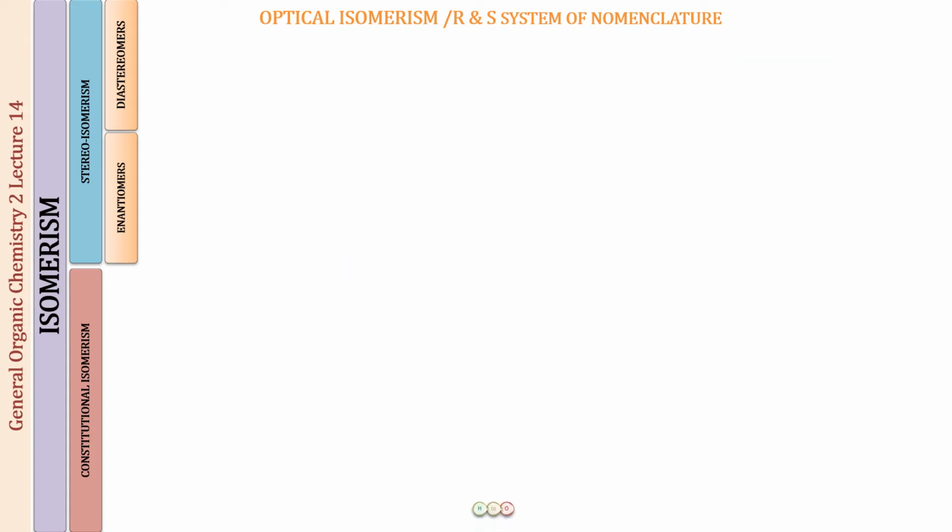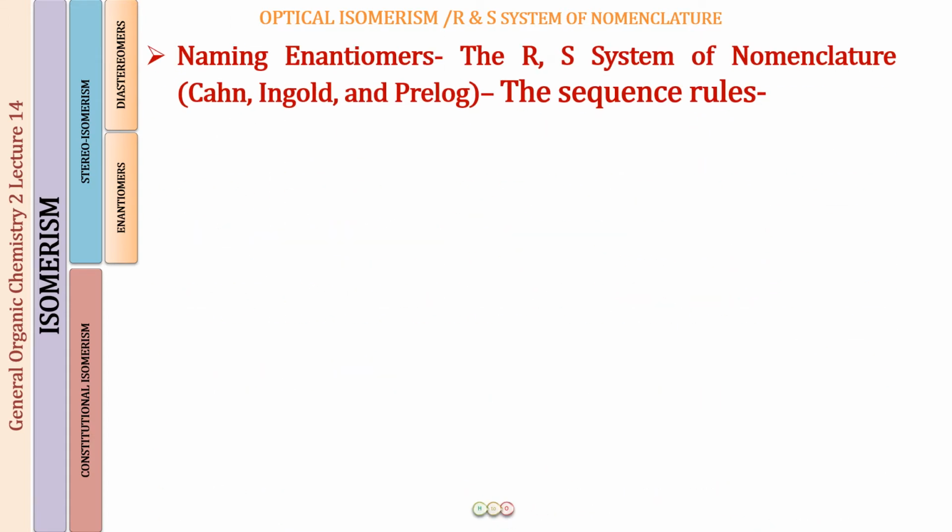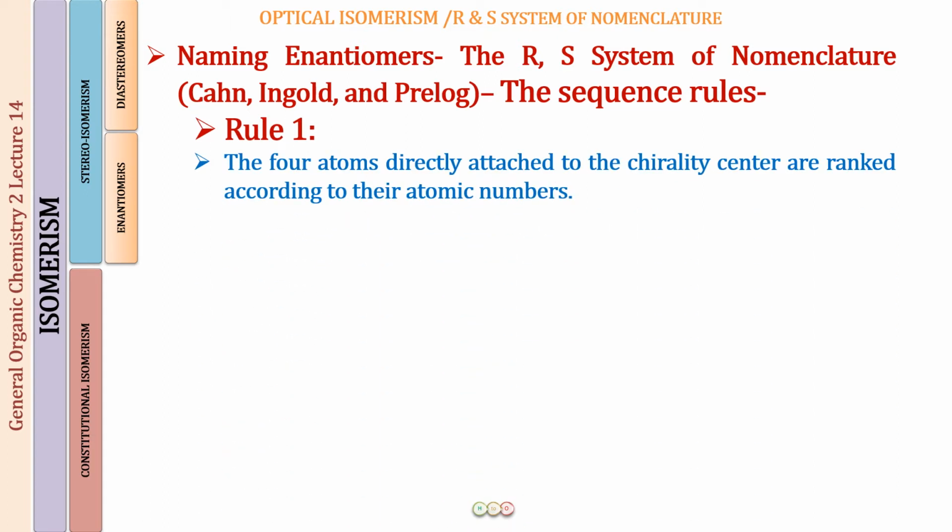Now in the naming of the enantiomers, you have to remember certain rules, and those rules are going to be very similar to the ones that you have learned for the EZ system of nomenclature for the geometrical isomers. Rule number 1 says that there are 4 atoms which are attached directly to the chirality center. We are going to rank them from 1 to 4.